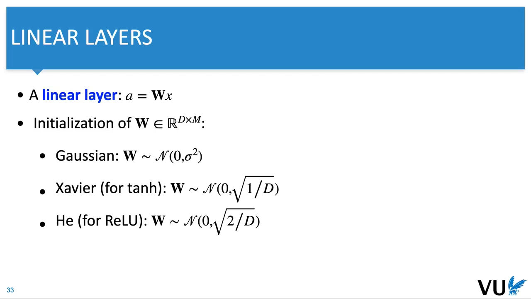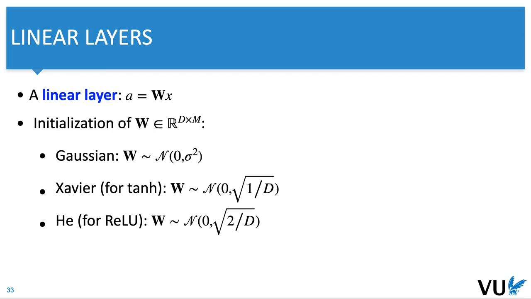There are more, but in the literature people use basically three classic initializations. First is some Gaussian, so we initialize everything around 0 with very small variance. Another is the so-called Xavier, from the name of the researcher who proposed it for the tanh function. We take the standard deviation to be the square root of 1 divided by d, where d is the number of inputs.